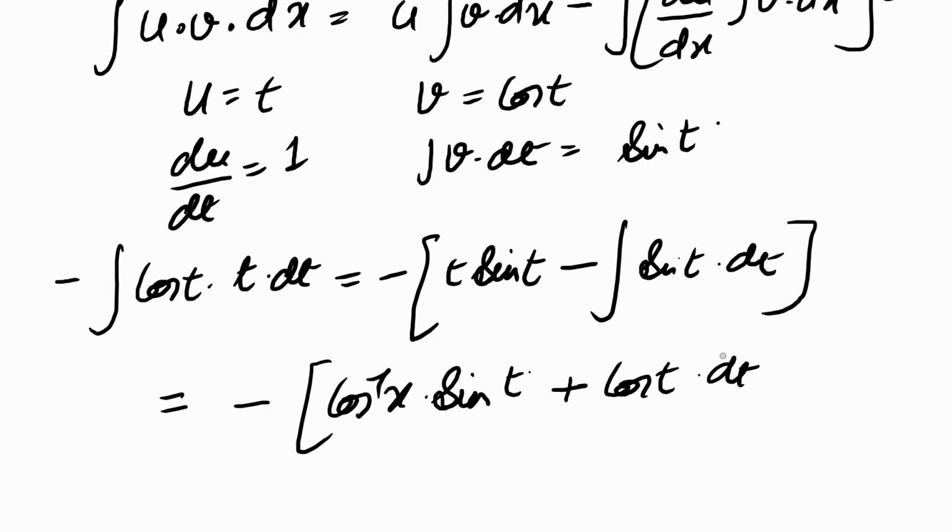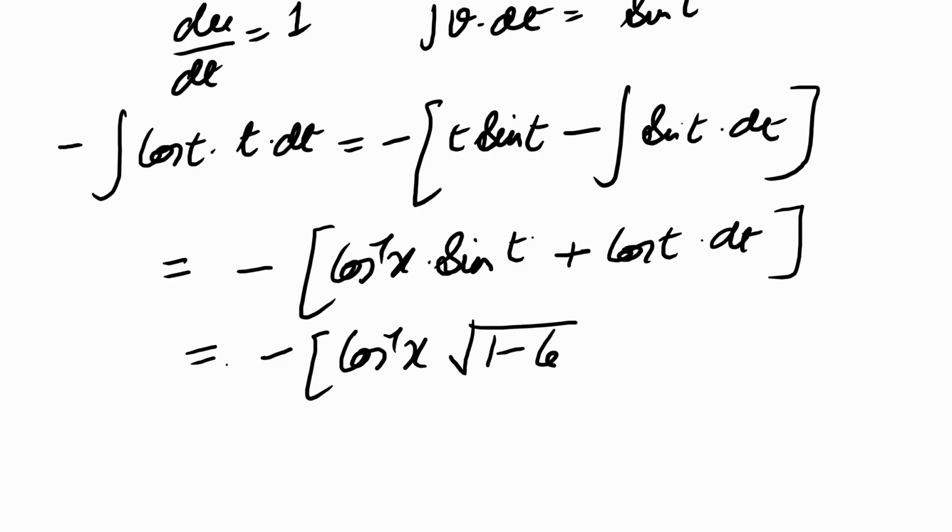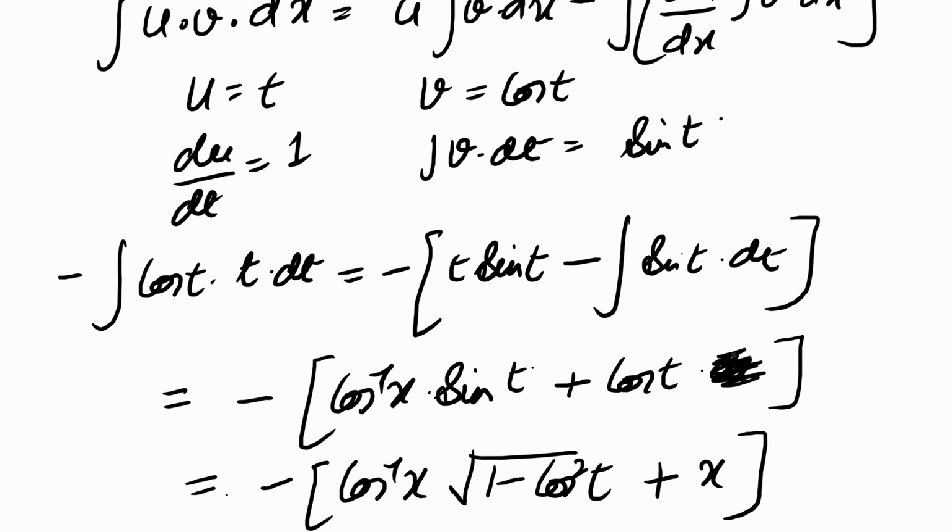Okay. Next, what we will do? We will first try and convert it into x. Minus cos inverse x times sin t, I can write down as under root 1 minus cos square t. Cos t is nothing but x, as we can see from here.